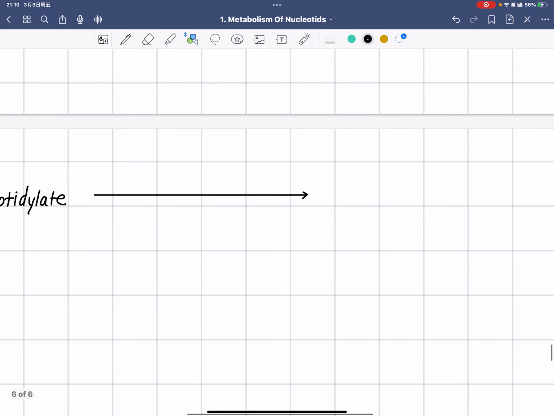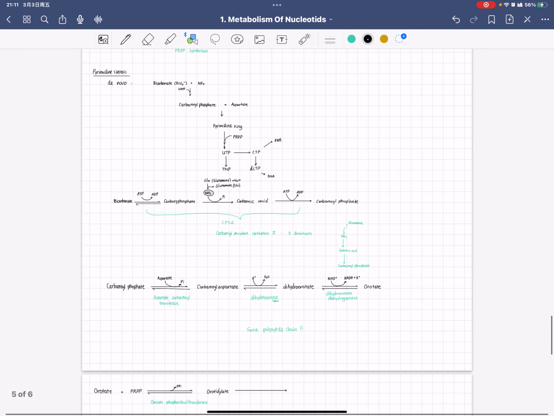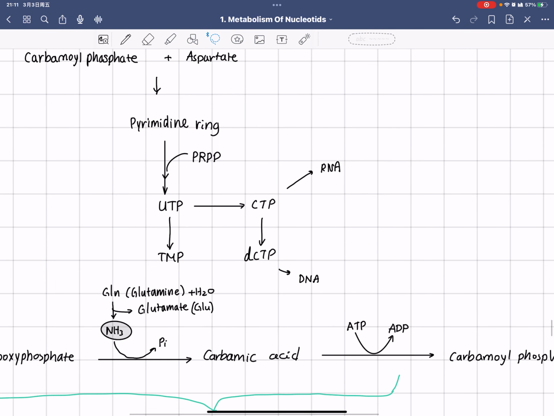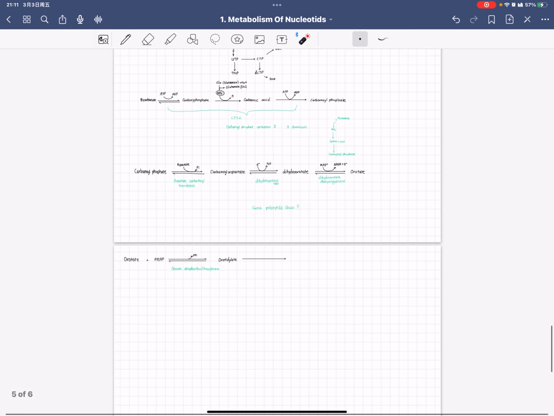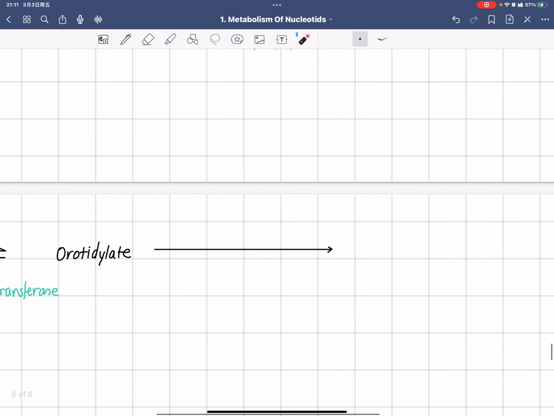Now you have one up. We're somewhere here. What do we do now? We form UTP, guys, UTP. But first, we need to form UMP. Don't rush. UMP first.